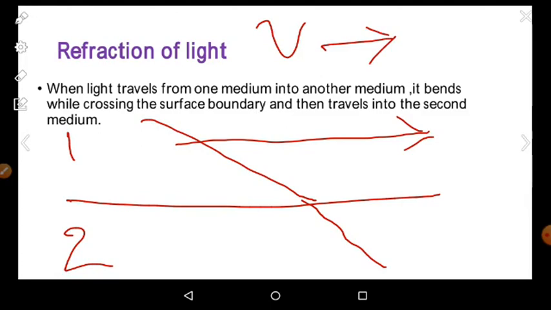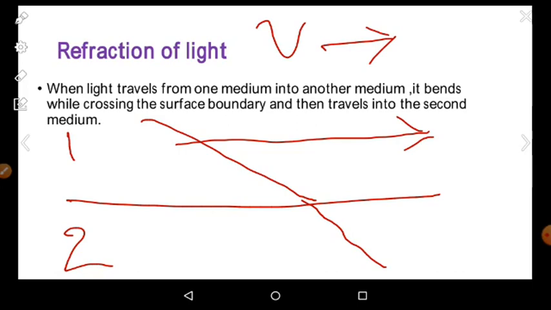Why is there a change in the velocity? This is due to the change in density of the material in which the light is propagating. So due to the change in the density of the material, there will be a change in the velocity of the light. This is the reason why the path of the light ray is slightly changed, it bends.